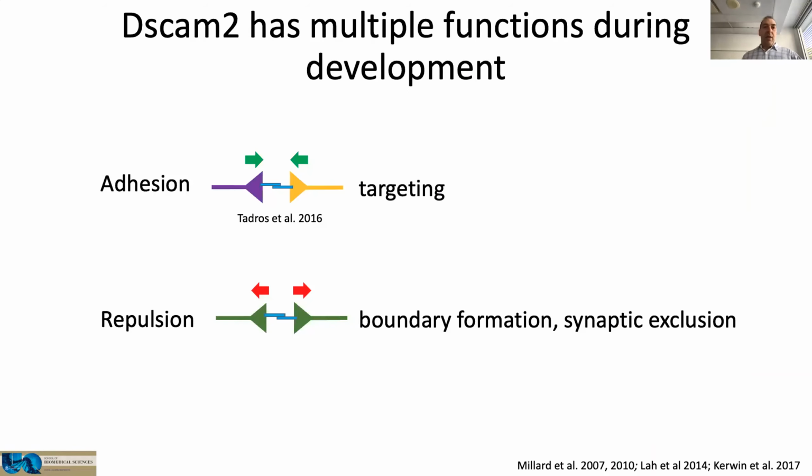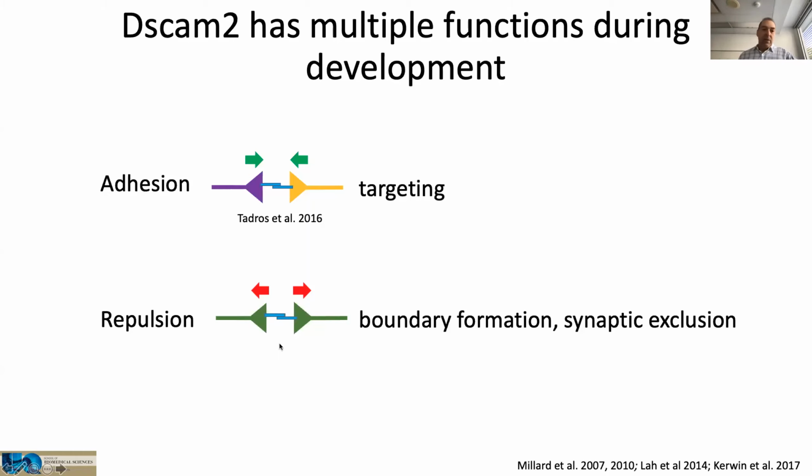I'm going to summarize the developmental data just because of the short time today. We found that it has at least 2 different functions during development. It can act as a classical cell adhesion molecule, where it's involved in dendritic targeting in the visual system of flies. It can also act as a repulsive molecule, which is kind of counterintuitive because this starts out with an adhesion event.